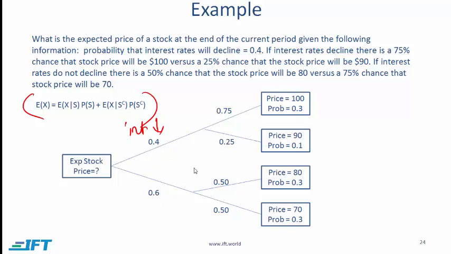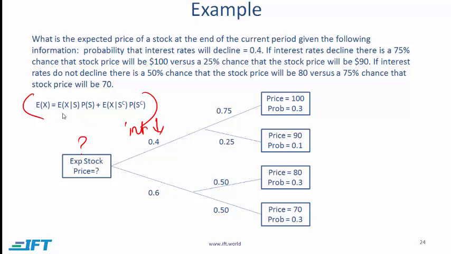We are told that if interest rates go down, then there is a 0.75 probability that the stock price will be 100 versus a 0.25 probability that the stock price will be 90. And with the interest rates not down scenario, there is a 50-50 probability that the stock price would be either 80 or 70. So the question is, what is the expected stock price given this information?